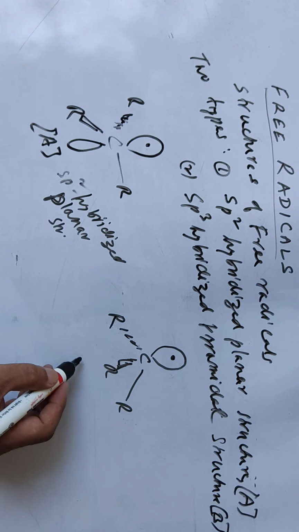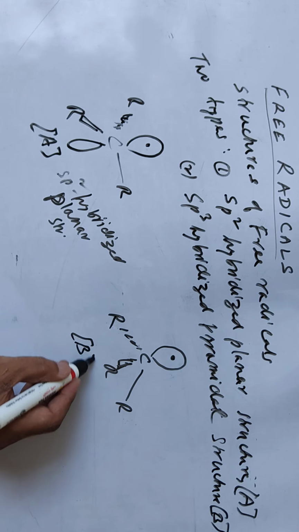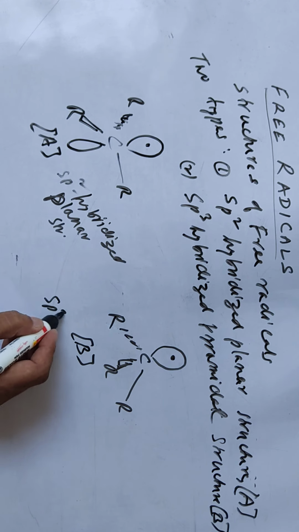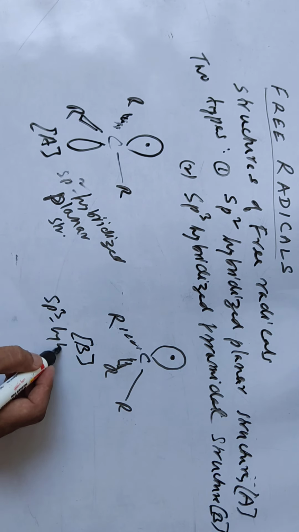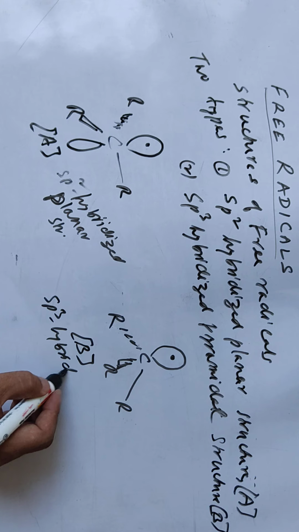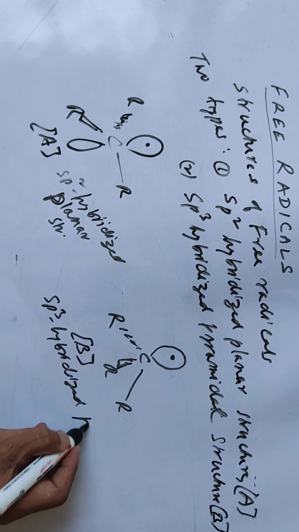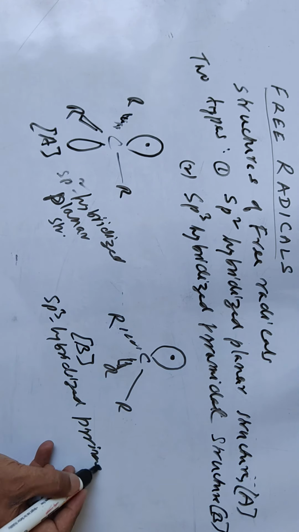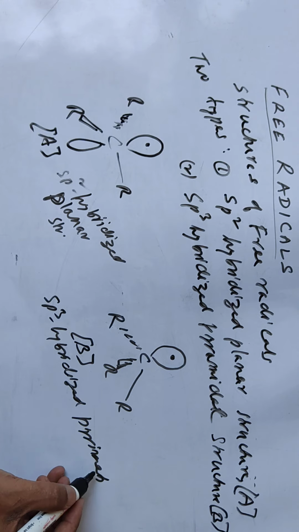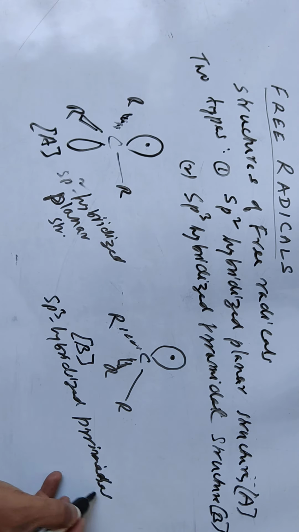So this is structure B: sp3 hybridized, and this is the pyramidal structure.